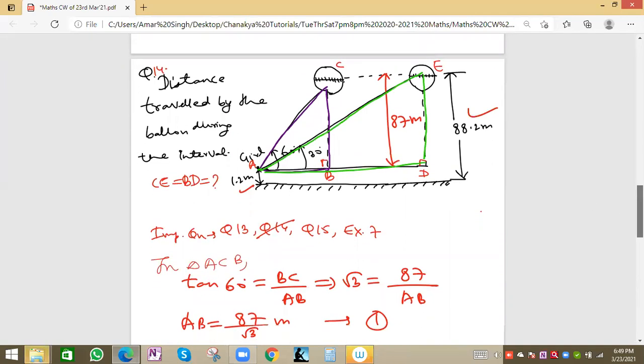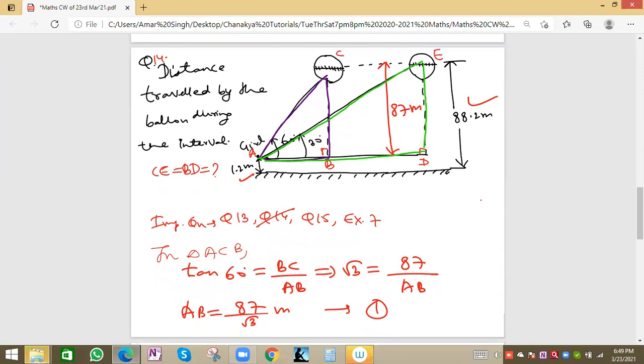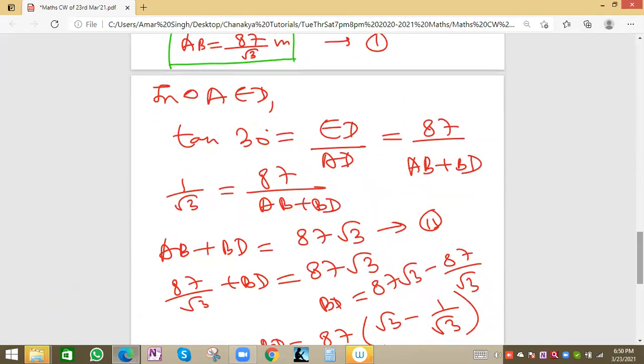Important relation we'll get, that is equation 1: AB is 87 by root 3 meter. We leave it as it is. And the second important relation we'll get is AB plus BD, that is AD value, 87 root 3.